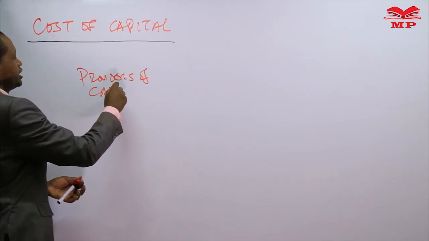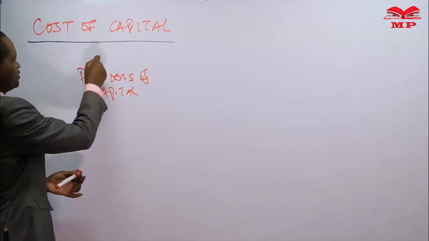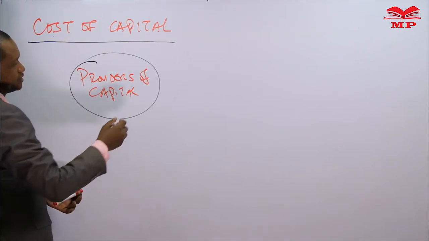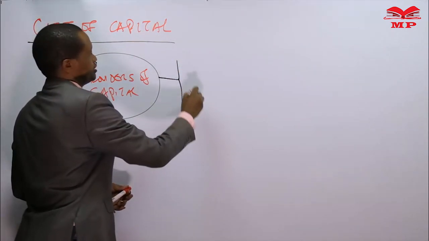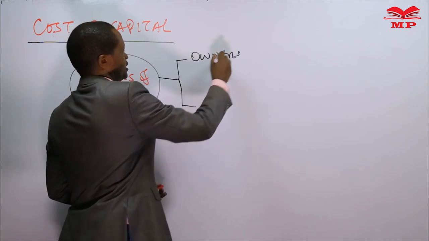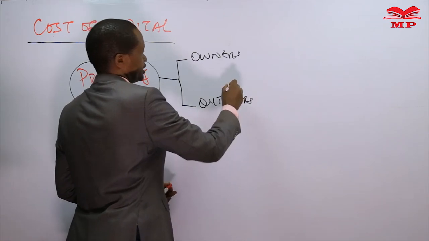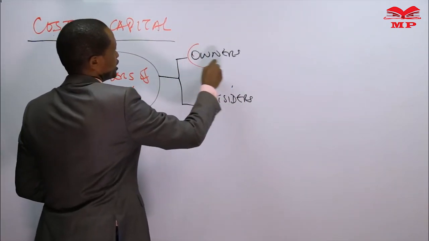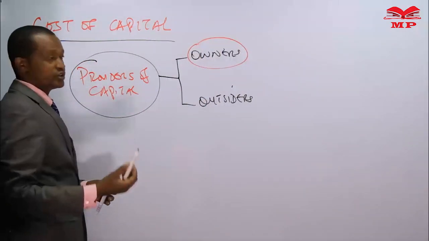Providers of capital can be looked at from two perspectives, that is, from the perspective of the owners and outsiders. So capital can be provided by the owners of a company, and these are the shareholders.